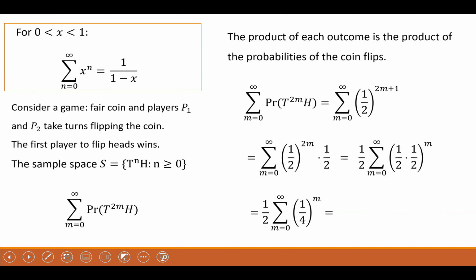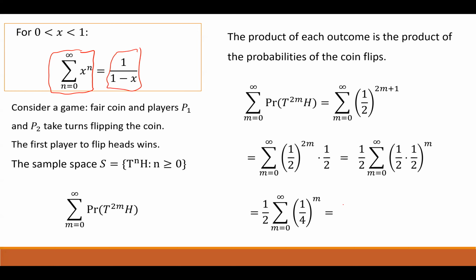And 1/2 times 1/2 is 1/4, and we have it to the power m, with m equals 0 to infinity, some number between 0 and 1 to the power m. So it's in exactly the form that I need in order to use my closed form.